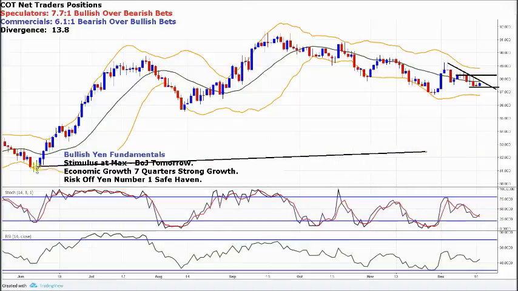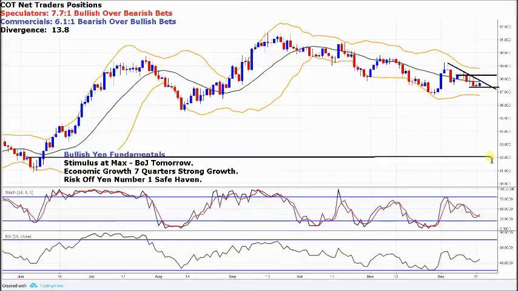So where could we go? Well, my own view is we will go at least to 82. And I expect to see the CAD move in to the 70s. So from current levels, it's 530 pips. Now, obviously, we've got to get to the level I've just indicated.